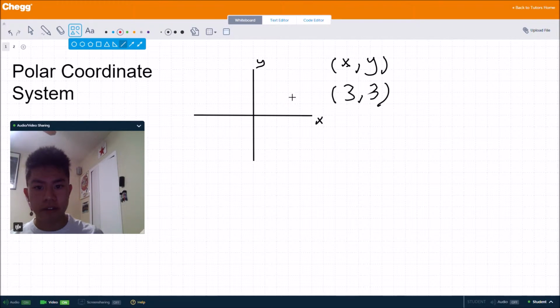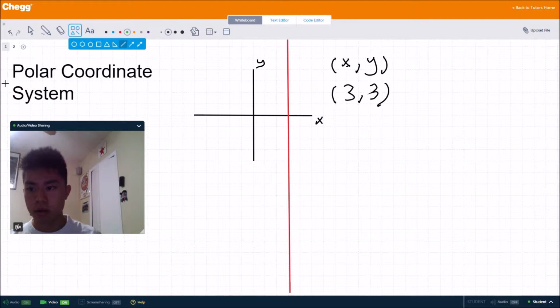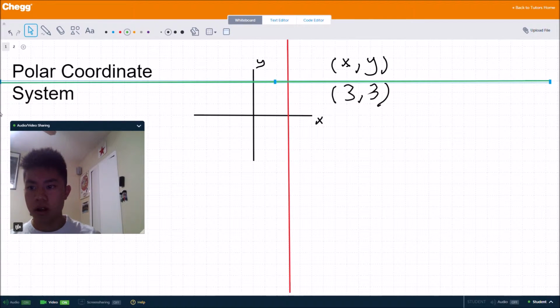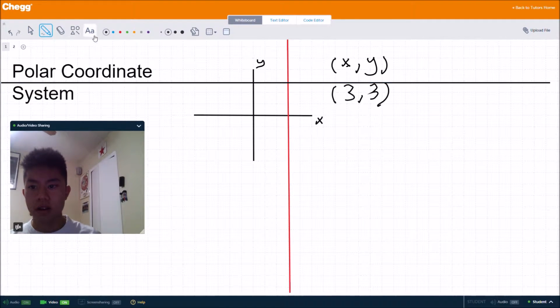I'm going to draw it in red where x equals 3. And then we find the line where y equals 3. That's going to be right there. And then you find where these two lines intersect. And that's going to be right here.